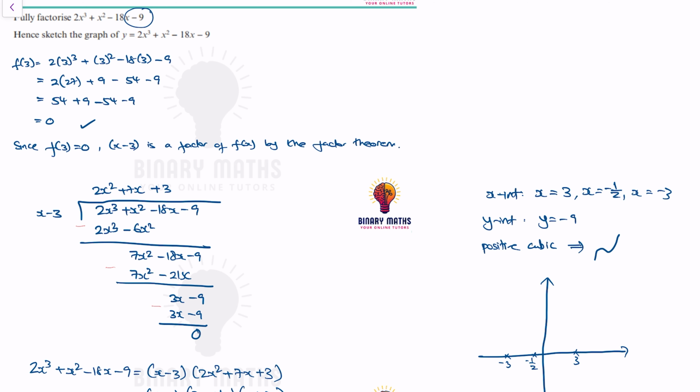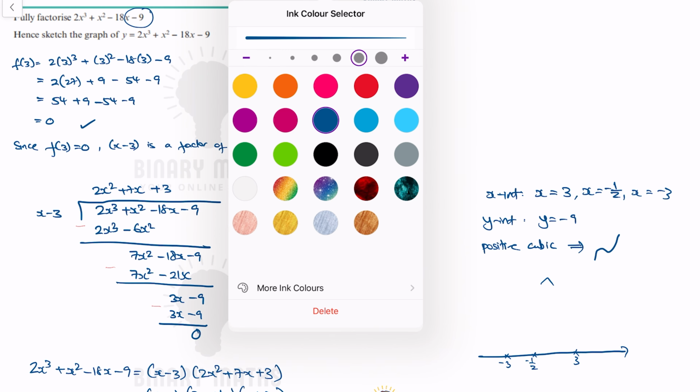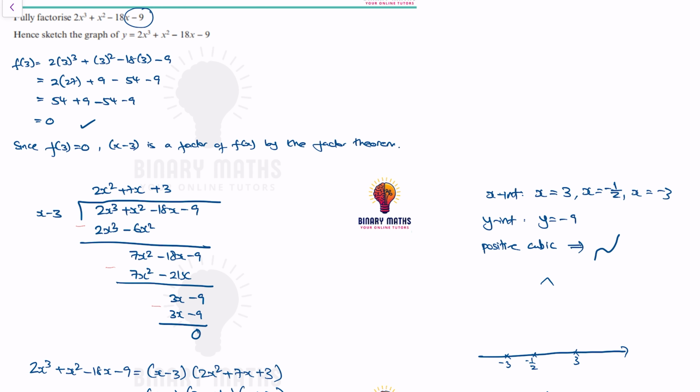Again, it starts from the third quadrant and goes up to the first quadrant. So something like this, make sure it's going through minus 9. And that would be it.